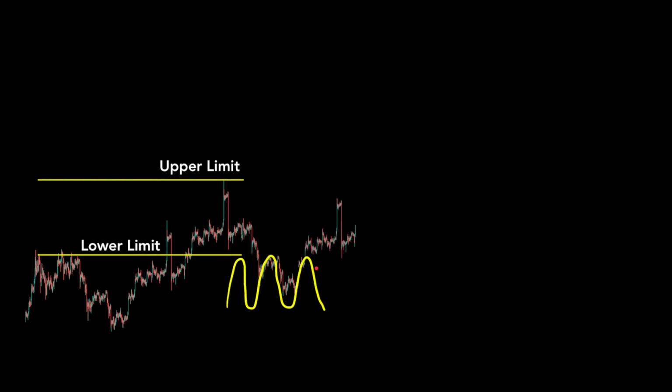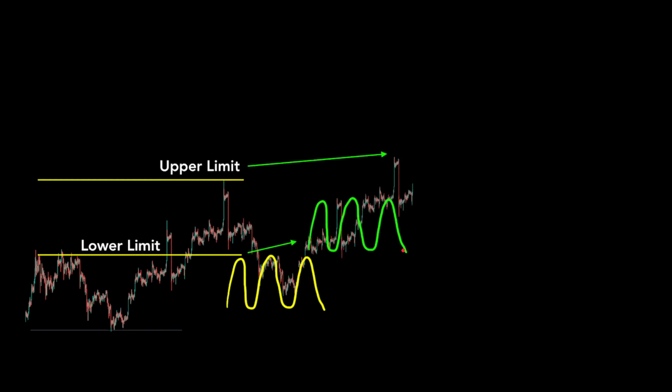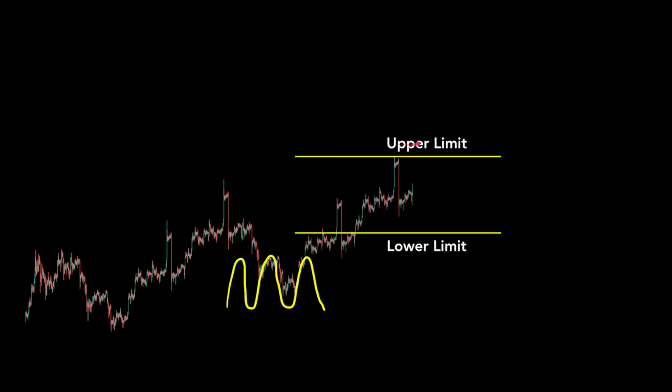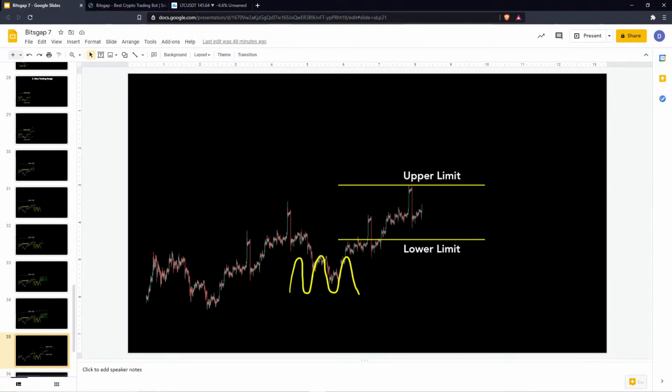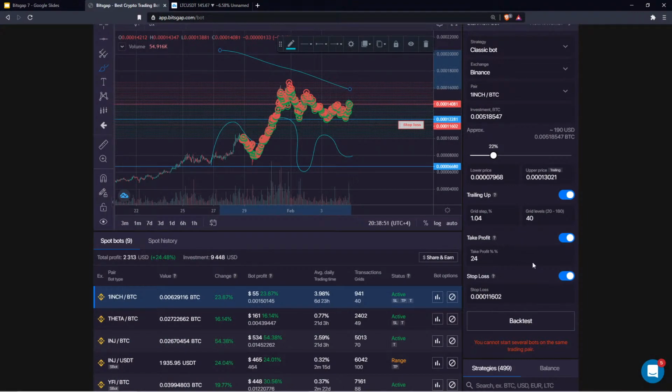Of course, if the price reverts back to the trading range, then the bot will continue trading. New higher high, not a problem, the price will follow, and now your trading range is in this area. So that's the idea of the trailing up instrument: whenever the price goes higher, the trading range follows it.